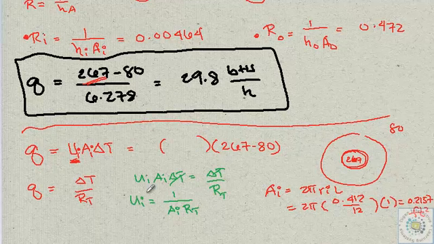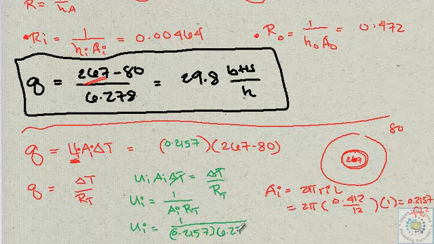That will be UI already. AI here is 0.2157 feet squared, multiplied by the R total, which is 6.278.